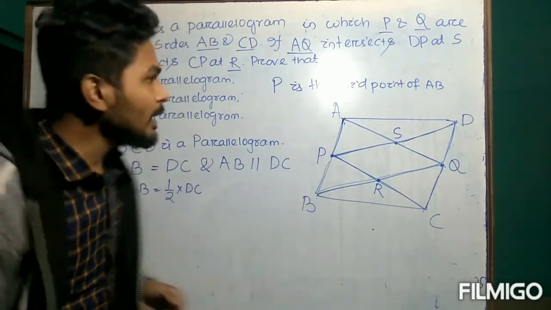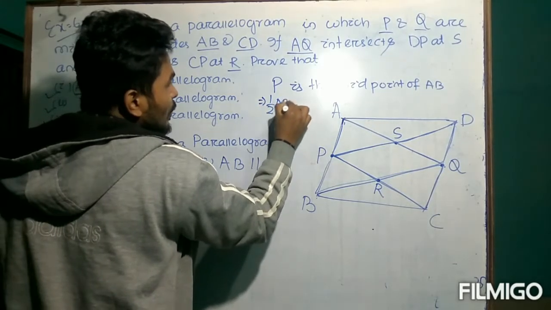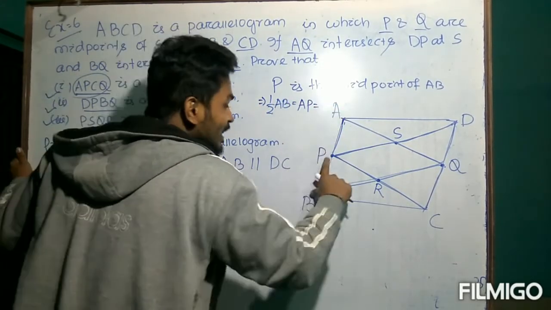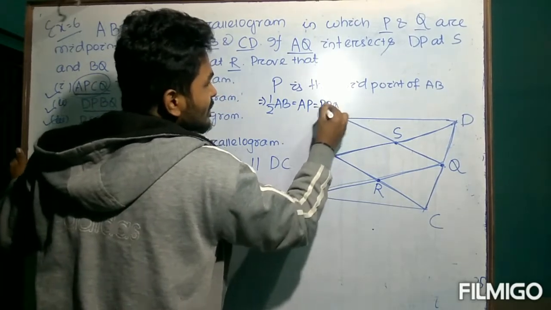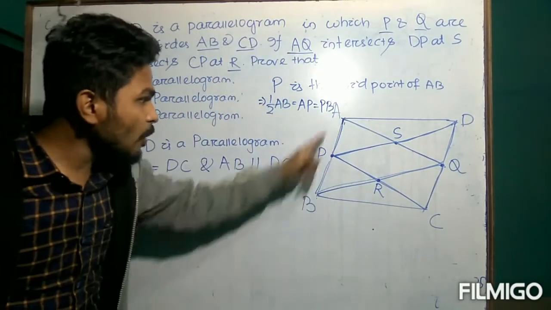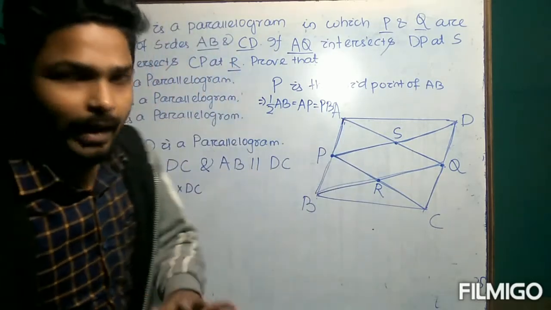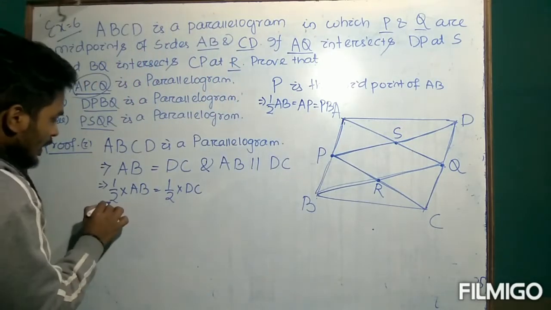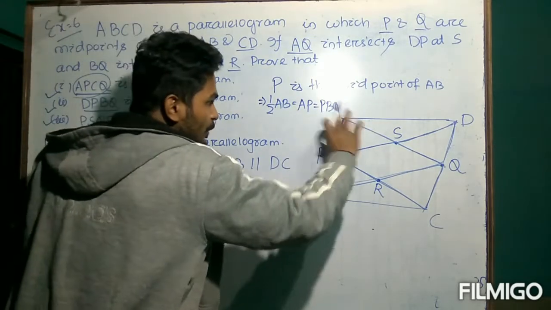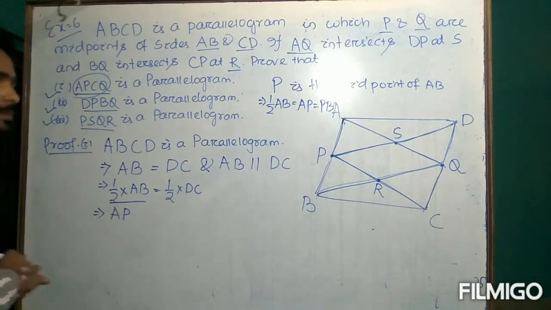So half of AB means we can write either AP or PB. Do you understand this? P is the midpoint of AB, so half of AB means either PB or AP. So in this place, half of AB, we can substitute AP.